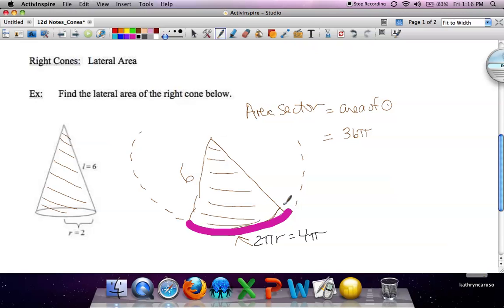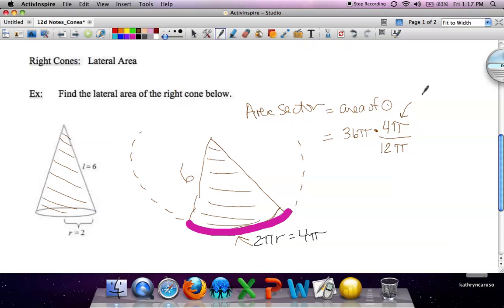Okay, so now we want to figure out what proportion this is of the entire circumference of a circle that has a radius of 6. So what I would do is multiply this times 4 pi, which is the arc length here, divided by the entire circumference of a circle of radius 6, which is 2 pi r, which is 12 pi.